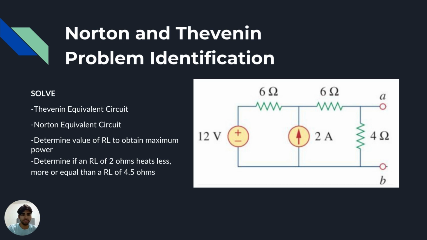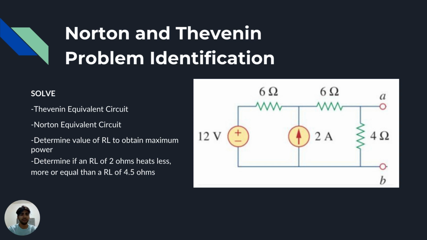We need to identify our problem. So we have here a circuit with a 12 volt source and then two resistances of 6 ohms in series. In the middle we have a 2 ampere current source, and then we have in parallel a resistance of 4 ohms, and we see at the end the terminal A and terminal B of the circuit.